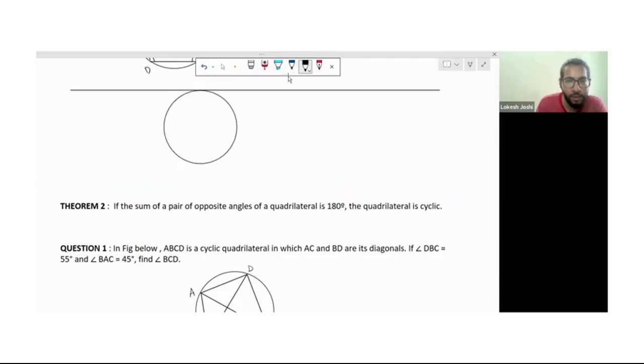This one is the circle, and let me draw a quadrilateral like that.